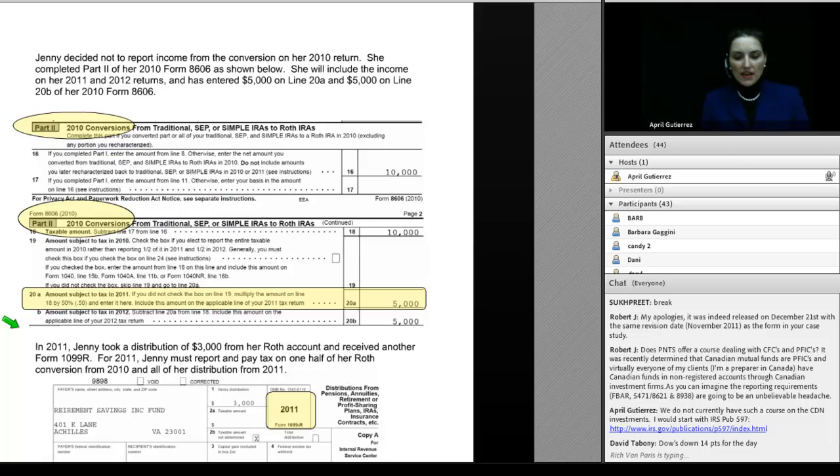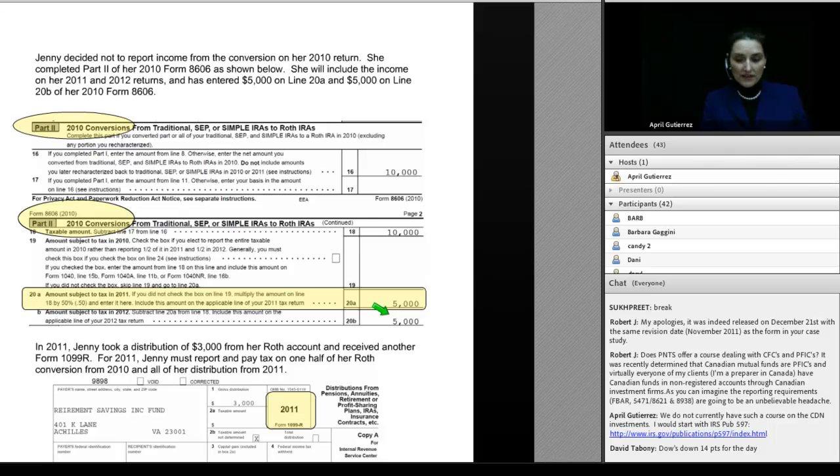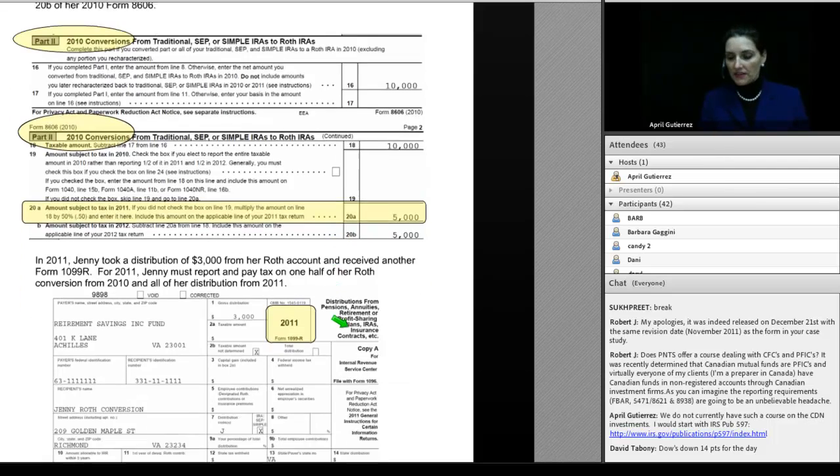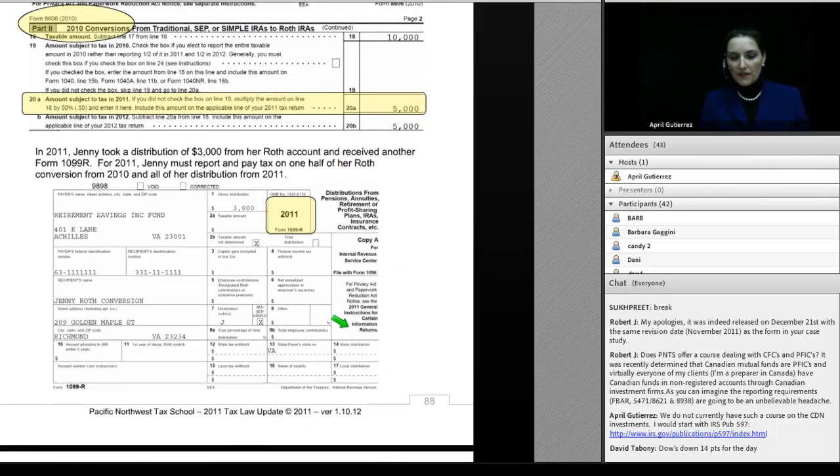And you can see line 20A says amount subject to tax in 2011. This $5,000 is the amount that would be reported on line 15 of her 2011 Form 1040. And then the next year, 2012, she should report the final $5,000 on line 15 for 2012. But wait. In 2011, Jenny took a distribution of $3,000 from her Roth account and received another Form 1099-R.